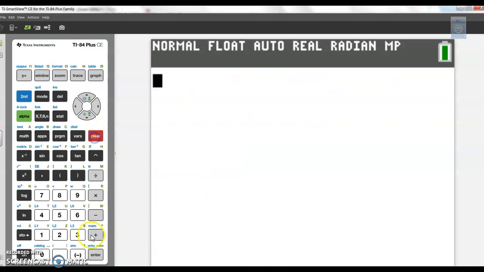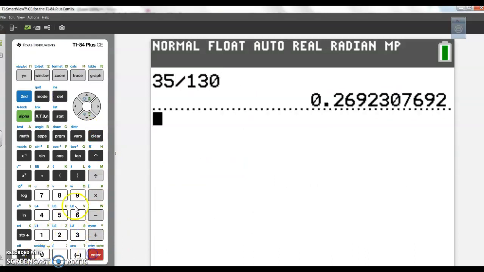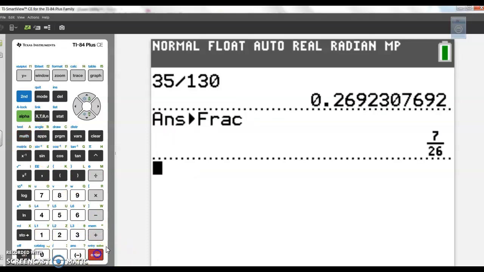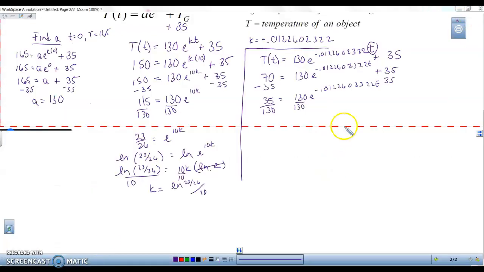Let me clear this out. 35 divided by 130, and math, enter, 7 over 26. All right, so that gives me 7 over 26 equals e to that number. All right, now we can just do the natural log of both sides.